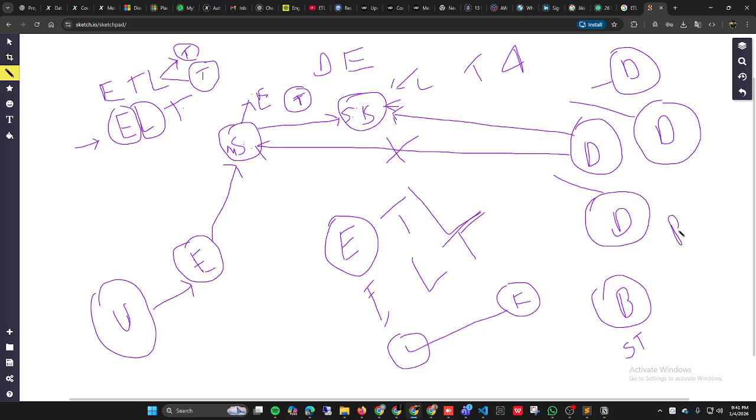Batch storing means that at a specific interval you have to update the data, you have to load the data, like every 24 hours, every 10 minutes. And streaming means when the user is giving the data, it is just stored in the storage. This is called streaming, like real time data storing. And batch storing means at every specific interval the data is stored.